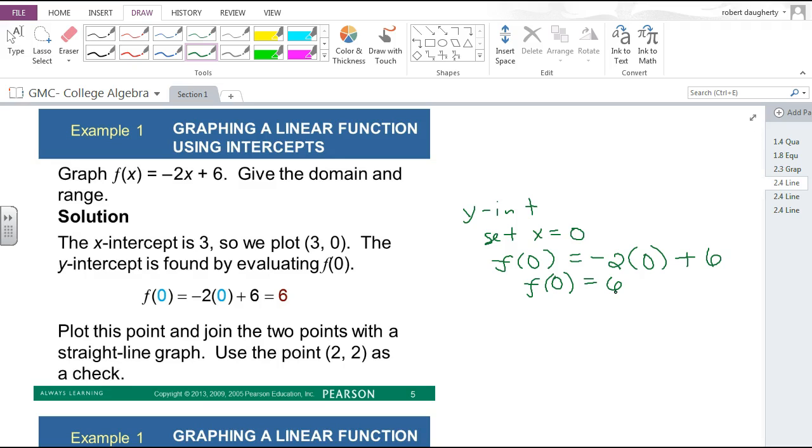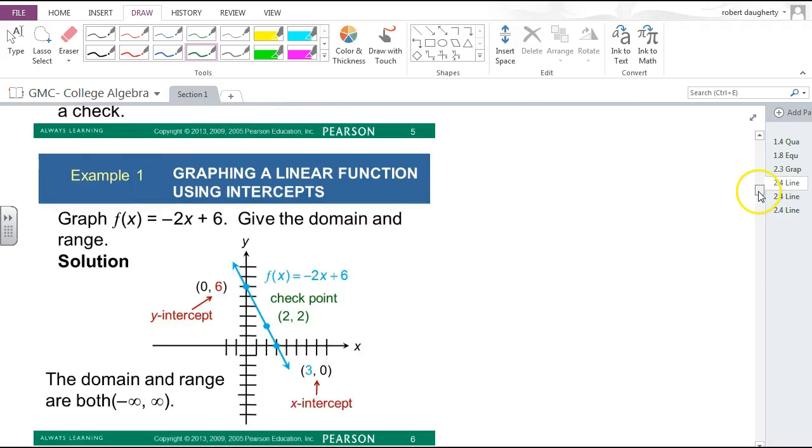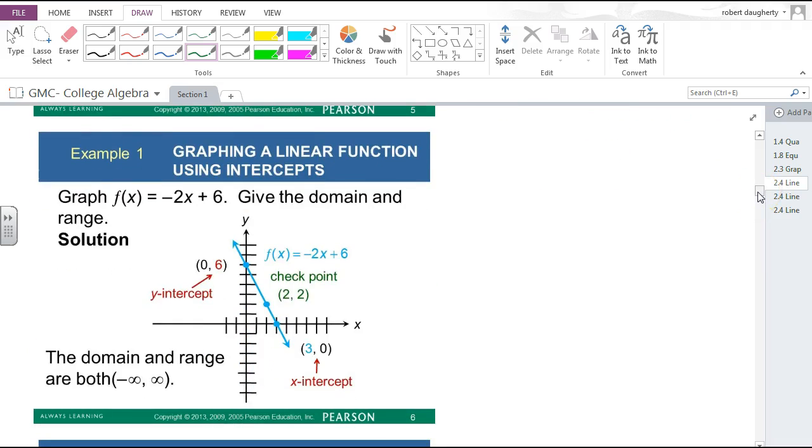And so now I have 2 points that are on the graph. I've got the point (3, 0) that I found just a moment ago. Let me just draw a new graph here because you'll be graphing it. The point (3, 0) was the first point that I found, and the point (0, 6). Those were my 2 points.